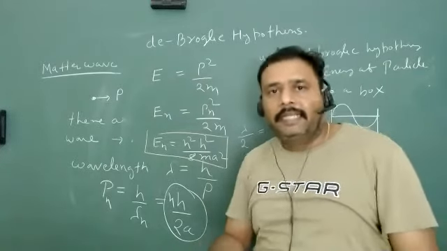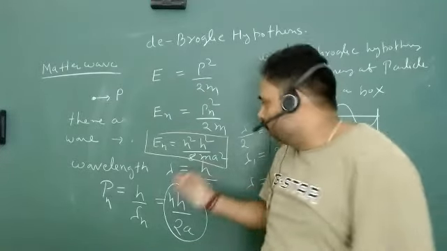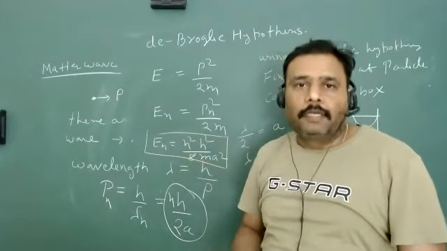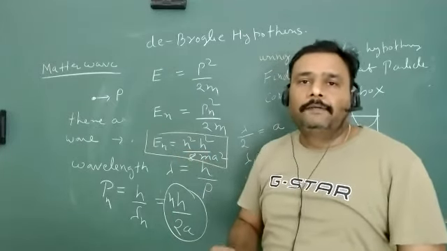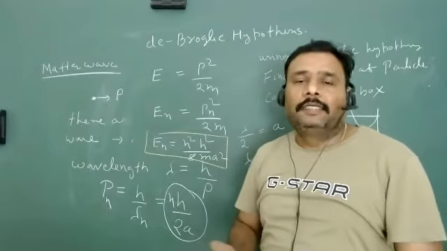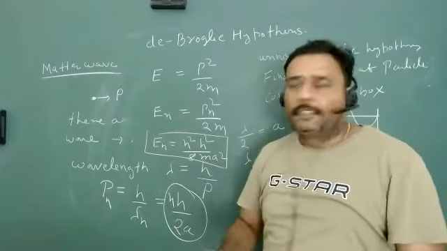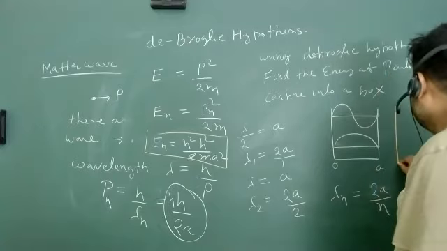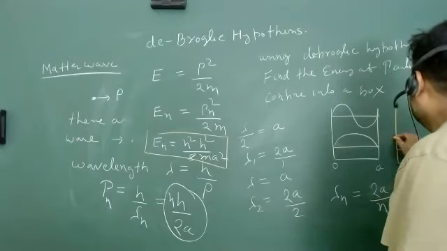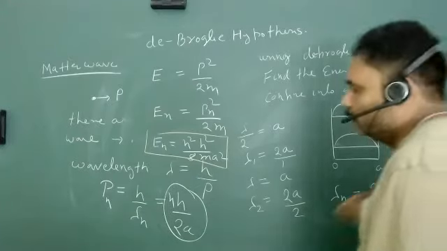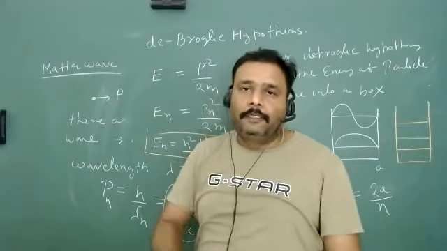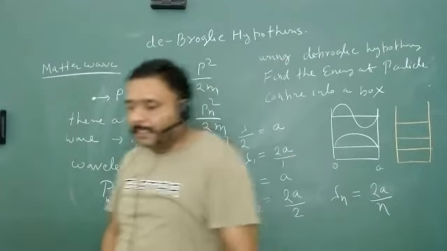Rather, only those values of energy are there which are proportional to n square. It means E naught is there, 4 times E naught, 9 times E naught, only these values are there. So according to de Broglie, you find the energy of the particle in the box is also discrete in nature.